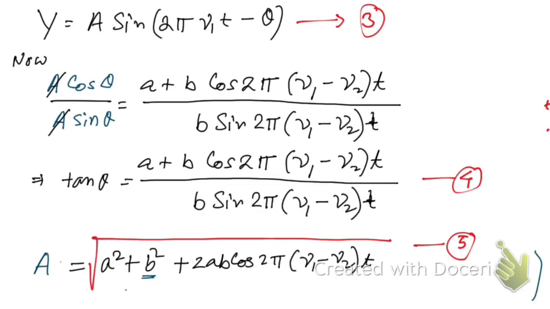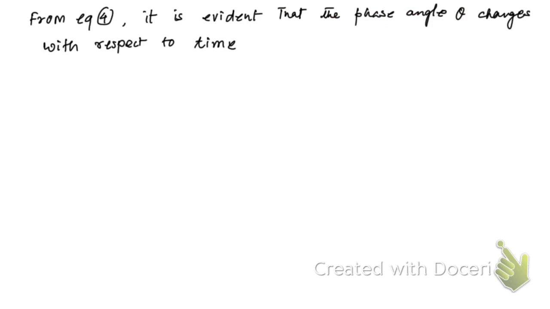If we go back to the previous slides, here you can see this theta will be changed if you change this t, okay? So theta changes with respect to time, right?